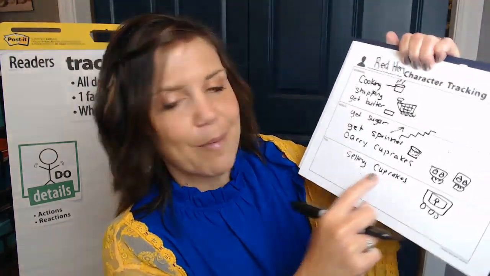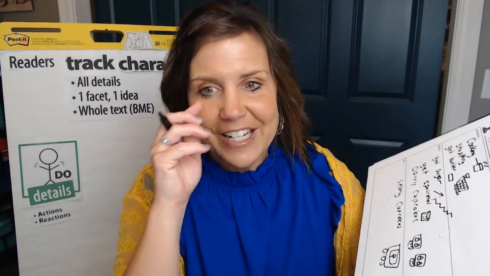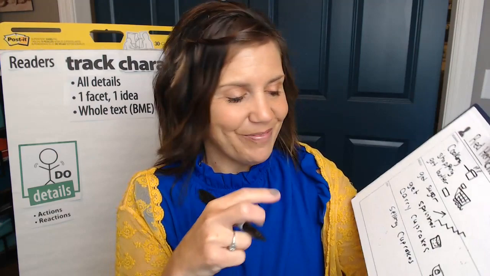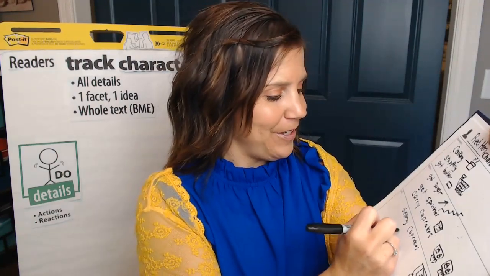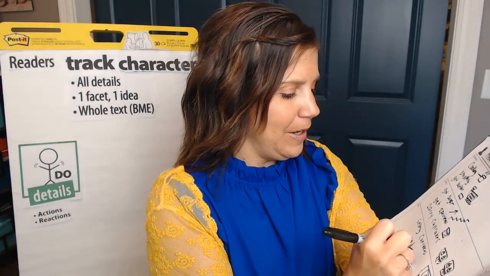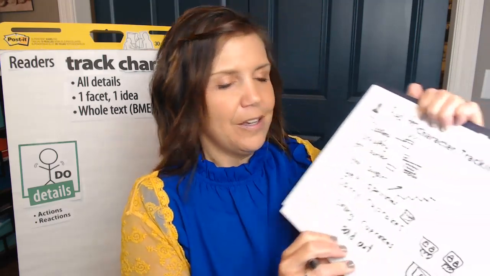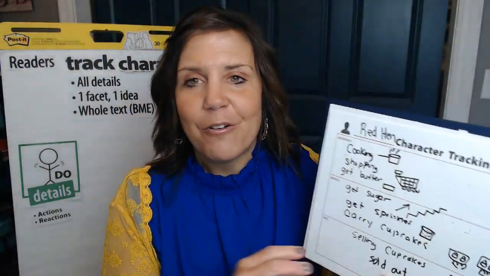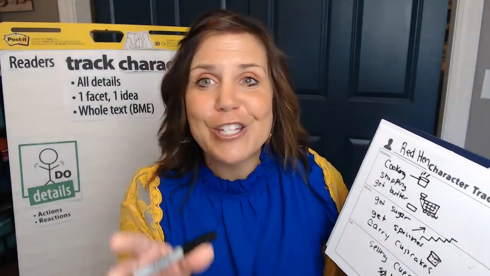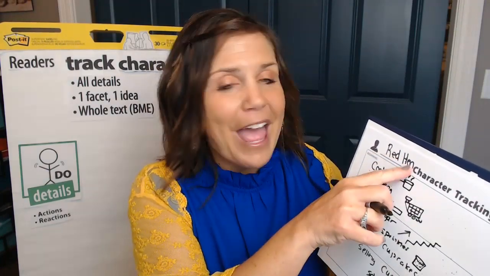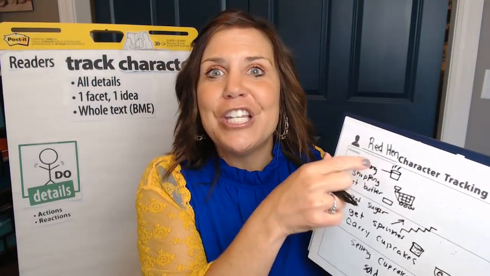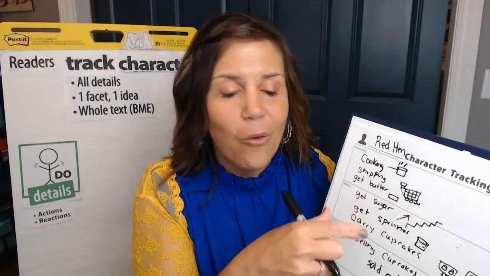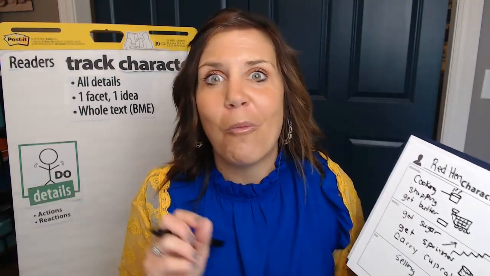She's selling cupcakes. Good. And she didn't give them one, did she? She's saying it says sold out. I'm going to write sold out. Great job. You just tracked Little Red Hen, what she does through the whole book.